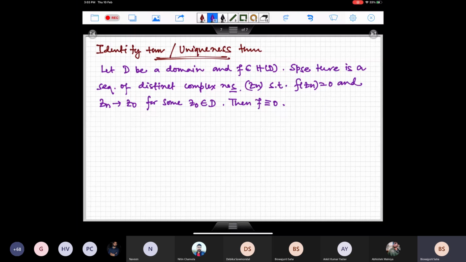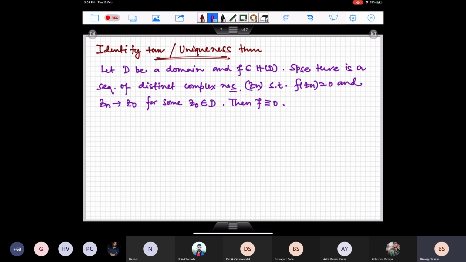So the choice of function has to be unique, provided you have equality of two functions at an infinite set of points having a limit point within my domain.